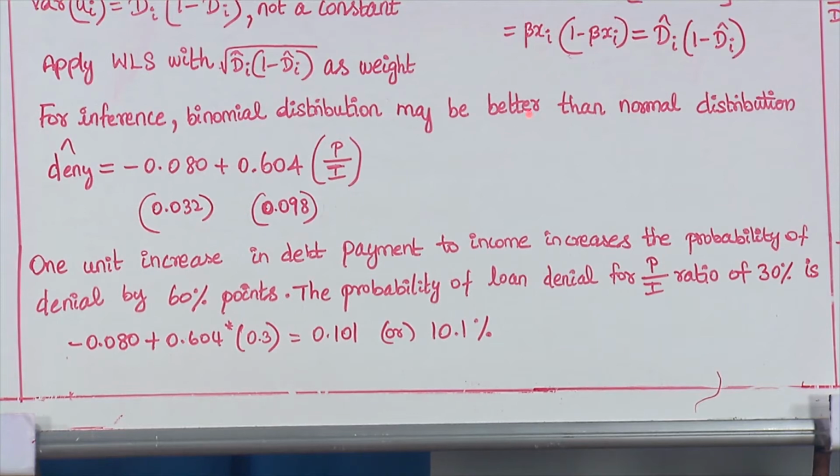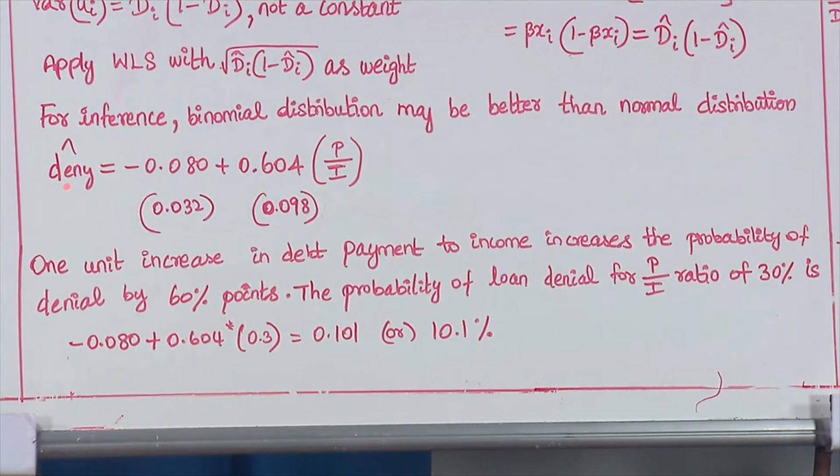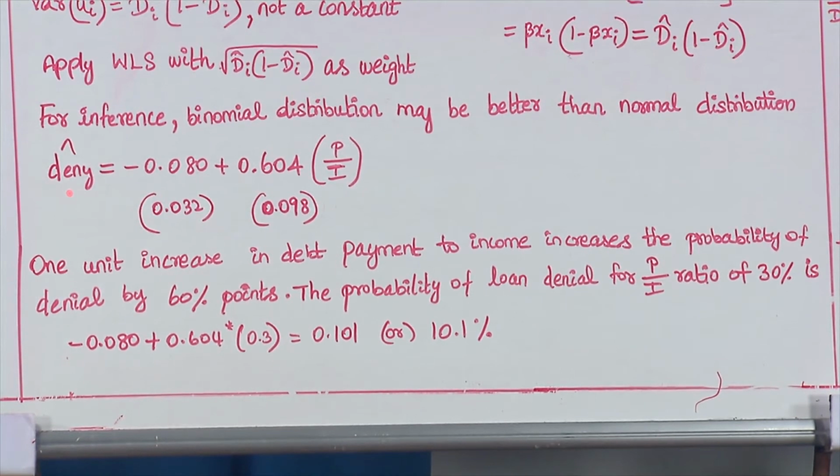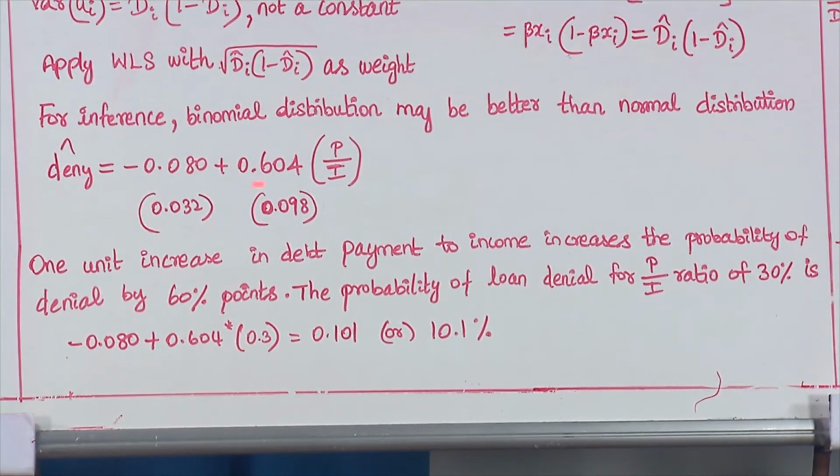Now, let us take one example of an LPM. This is a simple LPM model with one independent variable. This is deny, means denial of loans, as a function of debt payment divided by income, debt payment as a proportion of income.